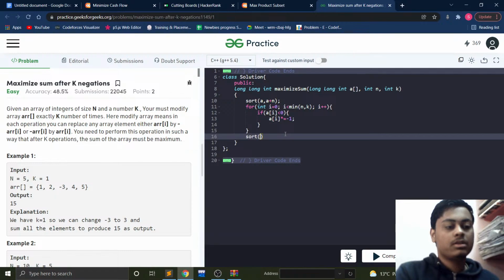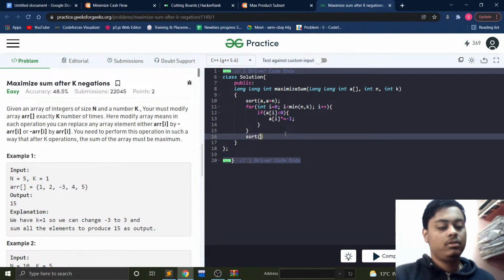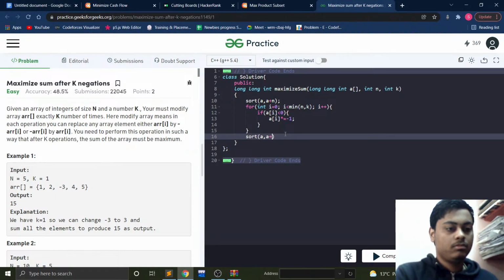Now I'll sort the numbers according to their absolute values. Just make a comparator, const int a and const int b.